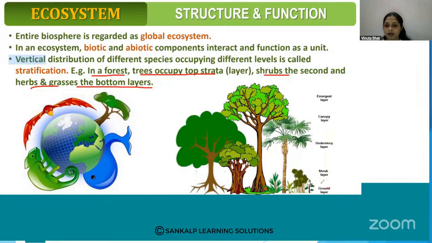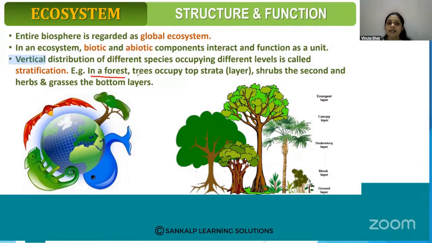So the ground layer has herbs and grasses, shrubs are at the second layer, and some small plants are at the middle layer. Then the top layer is occupied by the tall plants, right? So this distribution is called stratification.